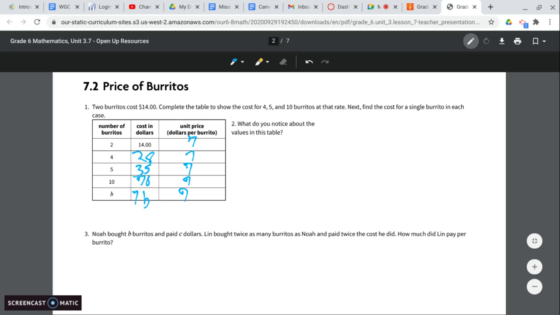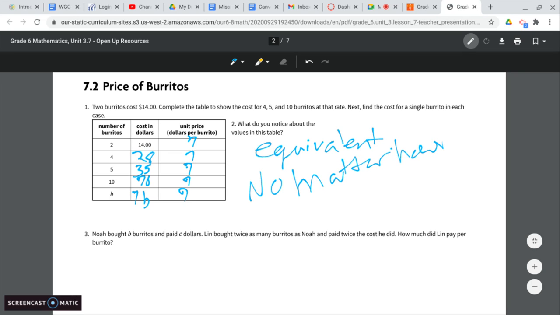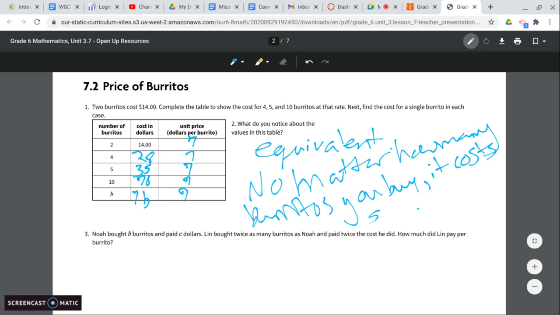So what do you notice about the values in this table? Hopefully you're noticing that they are equivalent. No matter how many burritos you buy, it costs $7 a burrito.